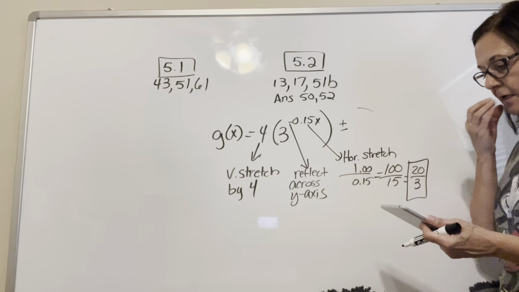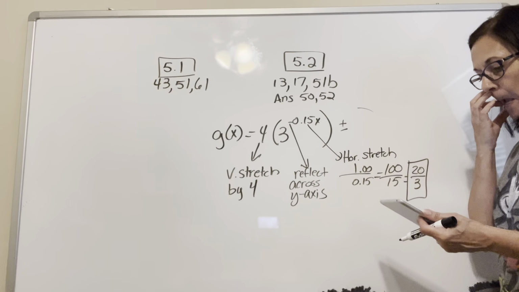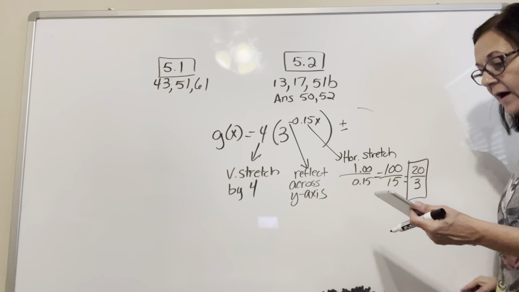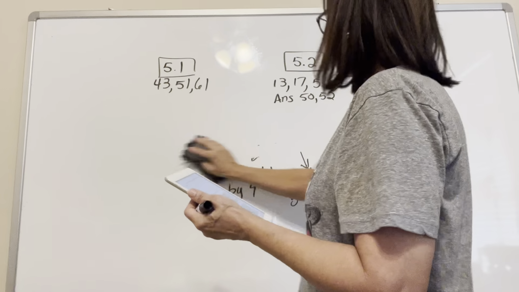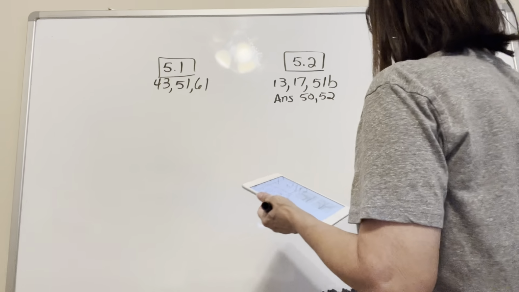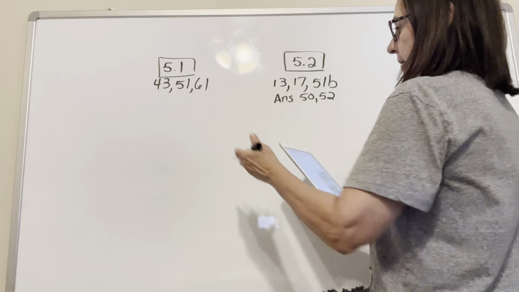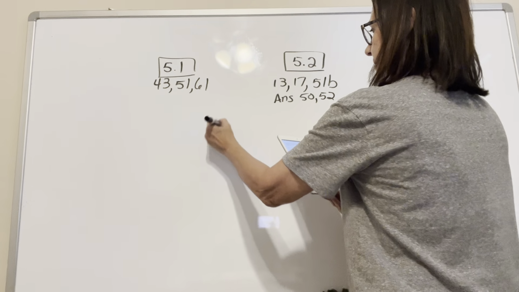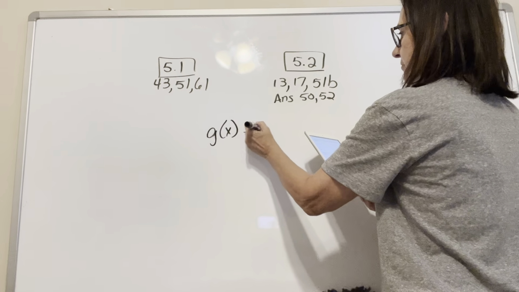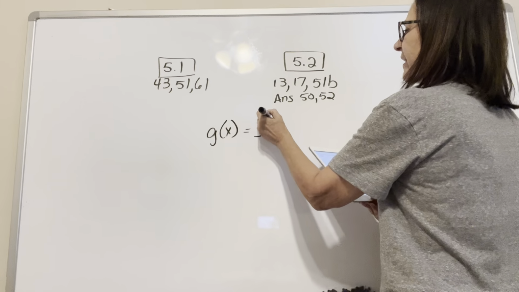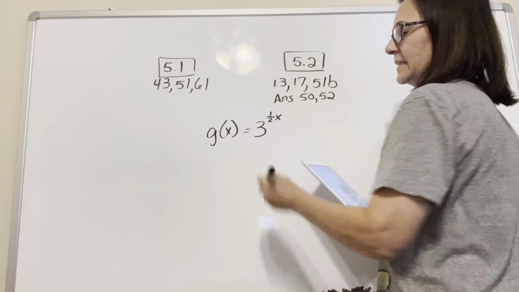All right, number 17. Sketch a graph. So it's g of x equals 3 to the 1/2 x, instead of x over 2.